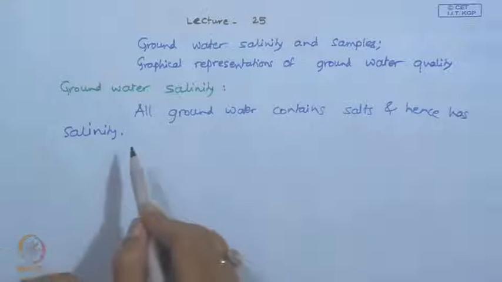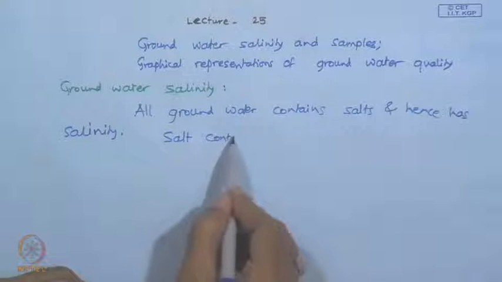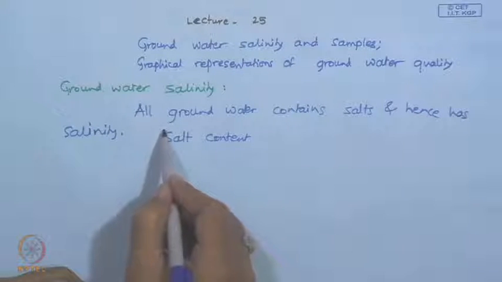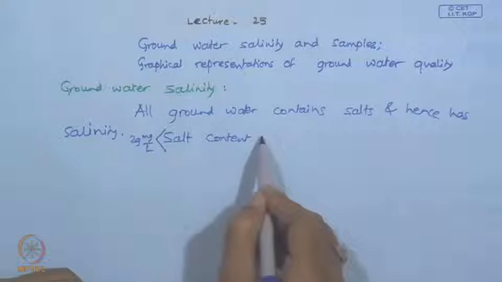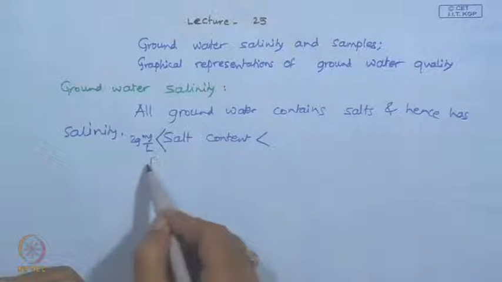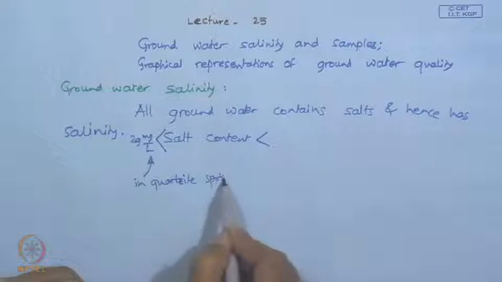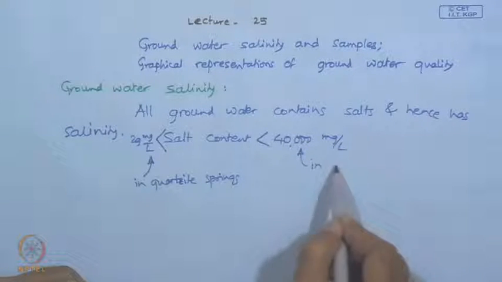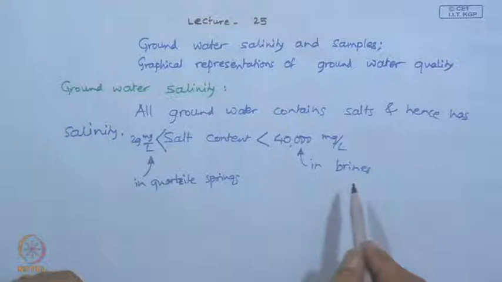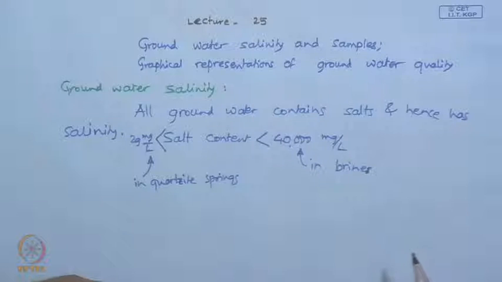And this salt content varies from less than 25 mg per liter to 40,000, so this is in quartzite springs, to 40,000 mg per liter in brines, which are strong solutions of common salt.